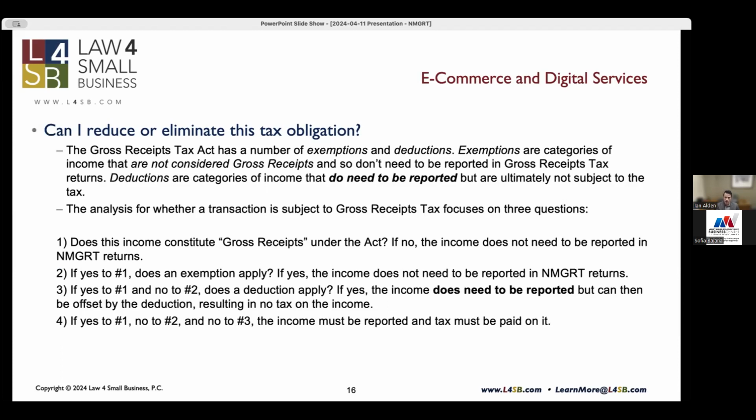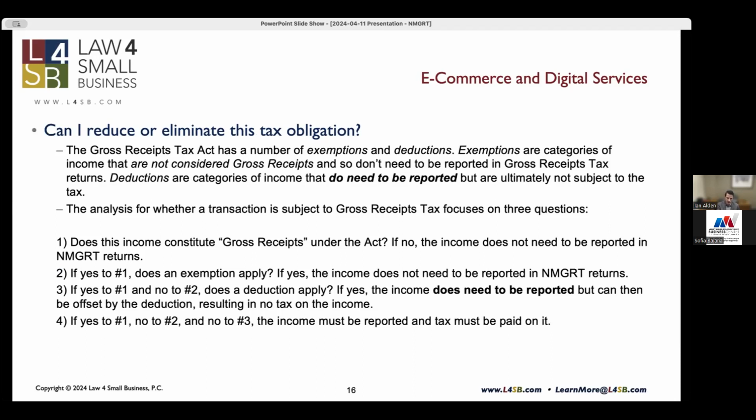You would still want to do a gross receipts tax return in that situation and report $0 so that Tax and Rev doesn't think you're a non-filer, just a heads up. But you look at if an exemption applies, and if it does, the income is exempt and doesn't need to be reported. If an exemption does not apply, and it is gross receipts, look at if a deduction applies.